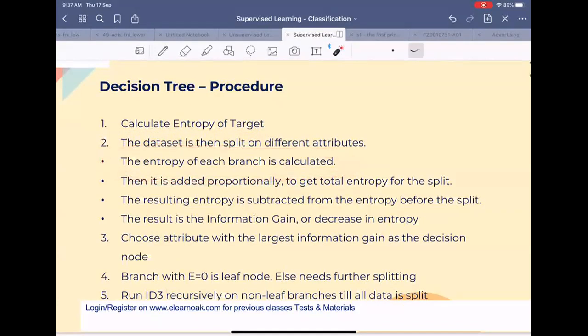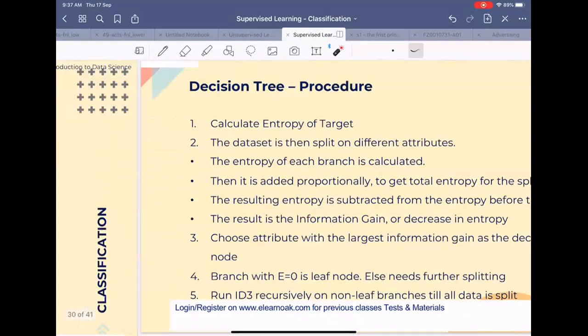For each of the features, we will evaluate the entropy. Then it is added proportionally to get the total entropy for the split. We will add it together to get the entropy of the entire split. We will get the resulting entropy and subtract it from the original entropy. And we will find something called the information gain, or decrease in entropy.